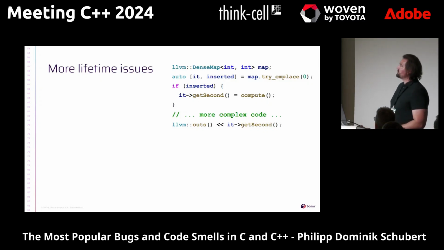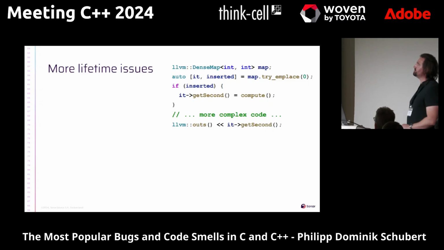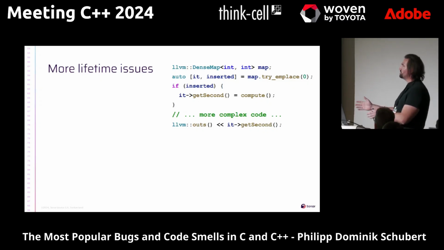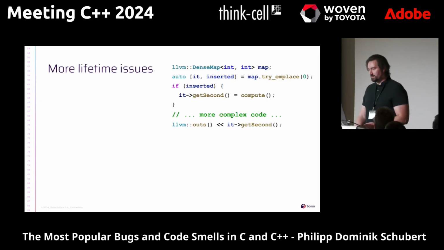If the insertion took place, well, that means there is no such thing with that value just yet. So maybe I now perform an expensive computation, and I write it to the iterator I get, basically, to correctly initialize it.